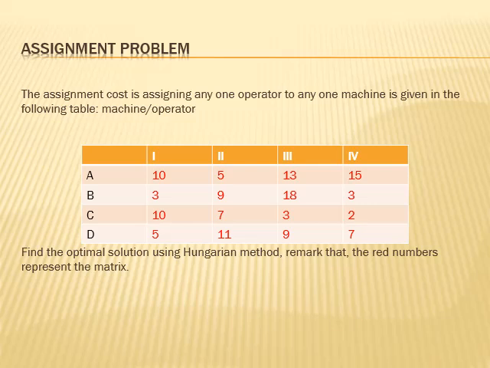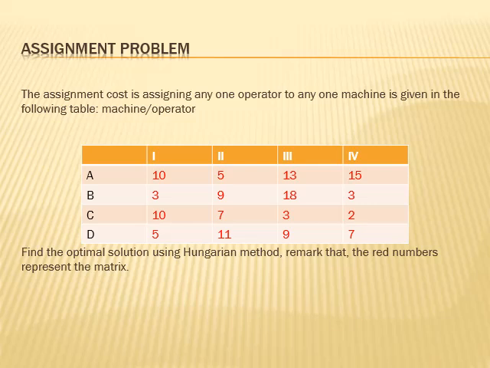The cells inside this matrix contain the cost of assignment. For example, if we assign A to 1, then it costs 10. If we assign B to 2, then it costs 9.